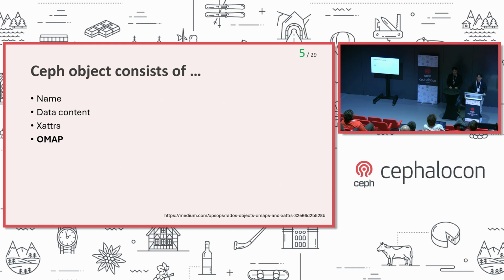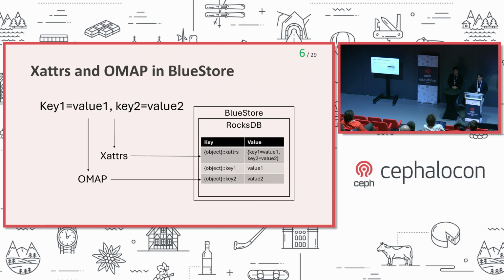As you know, a RADOS object consists of a name, data, extended attributes, and OMAP. And in this presentation, we'll focus on OMAP. What is the relationship between OMAP and RocksDB? The OMAP is stored as a record in RocksDB, allowing it to be queried through point lookups or iterated over using range queries.